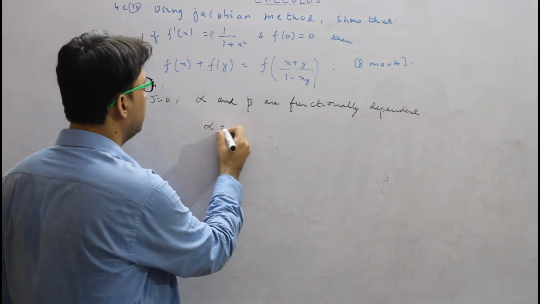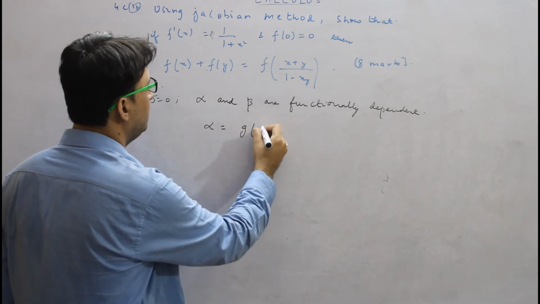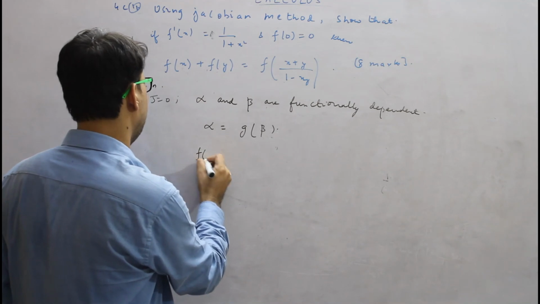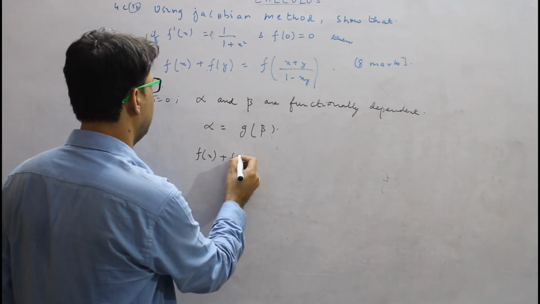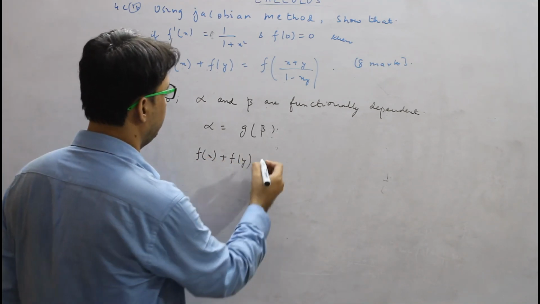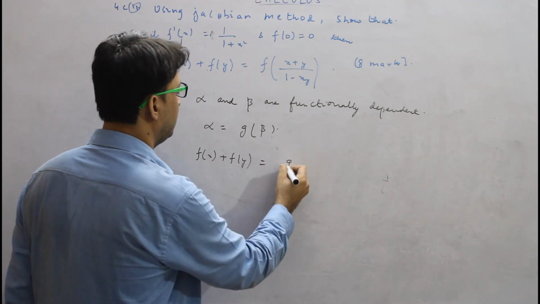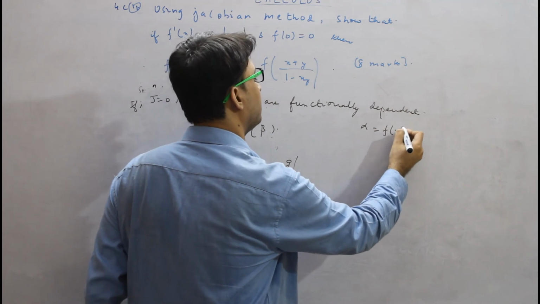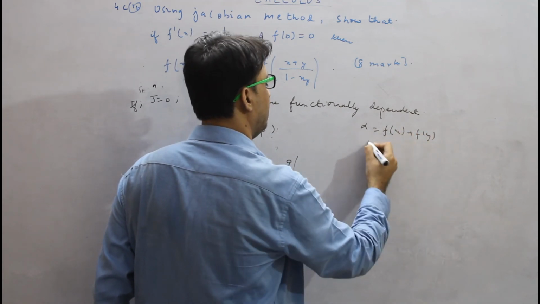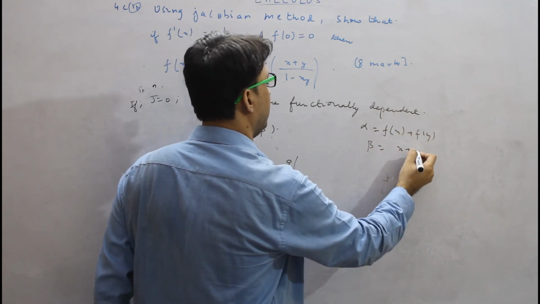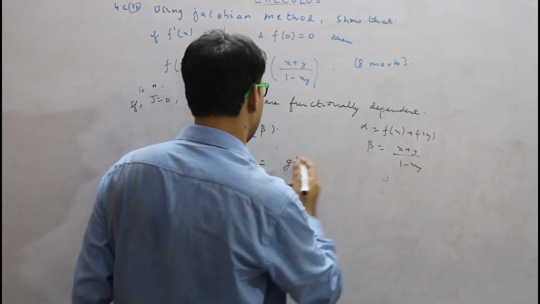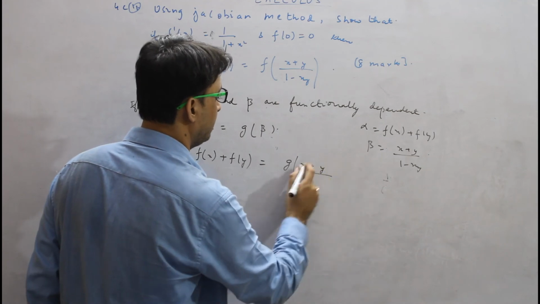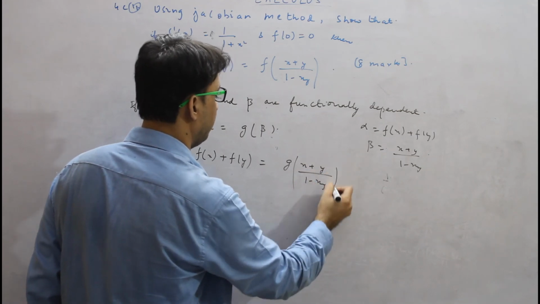So we can write this as alpha is equal to, say, g of beta, and I have taken my alpha as f of x plus f of y, and my beta was, I will write once more, beta as x plus y divided by 1 minus xy, as you can recall. So I can write this g of beta as g of x plus y by 1 minus xy.